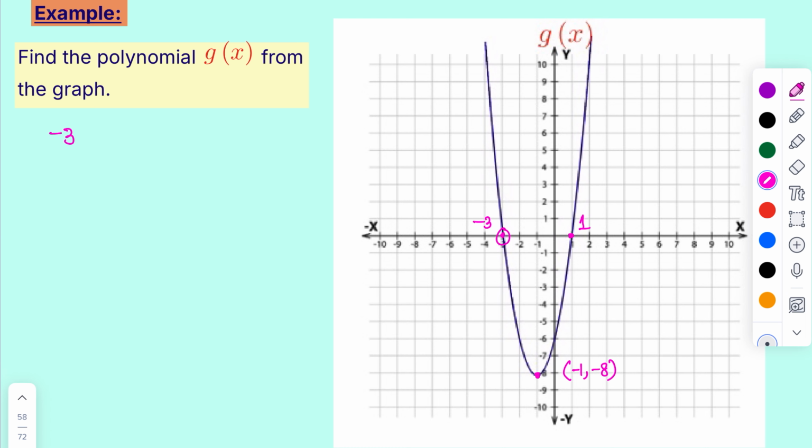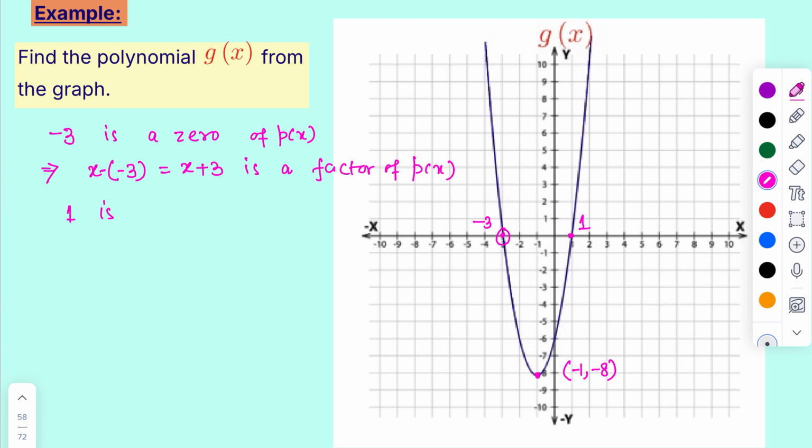Now we know that if a is a zero of the polynomial, then x minus a is a factor of the polynomial. That means if minus 3 is a zero of p of x, it implies that x minus of minus 3, that is x plus 3, is a factor of p of x.